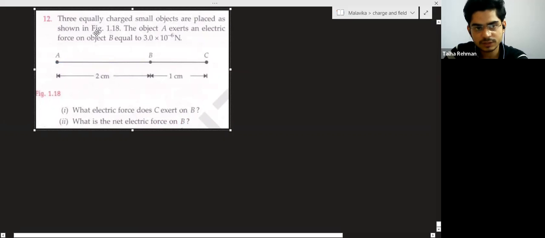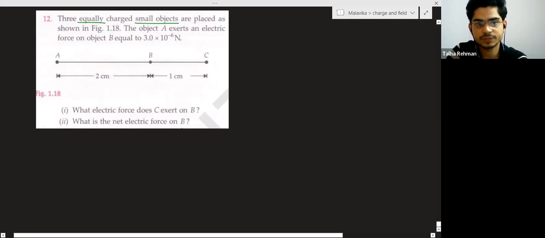So this is a question: three equally charged small objects are placed as shown in the figure.